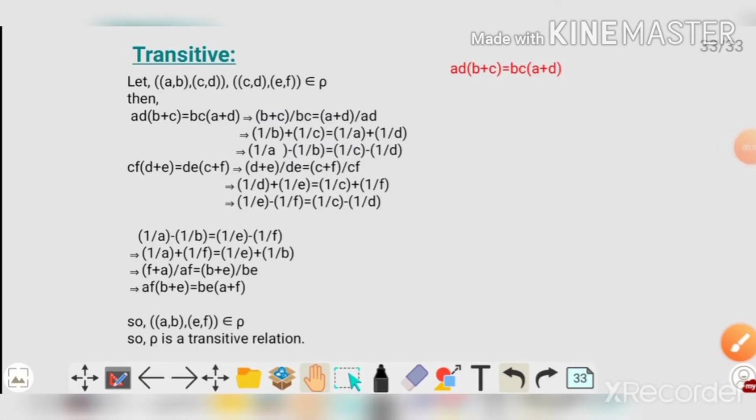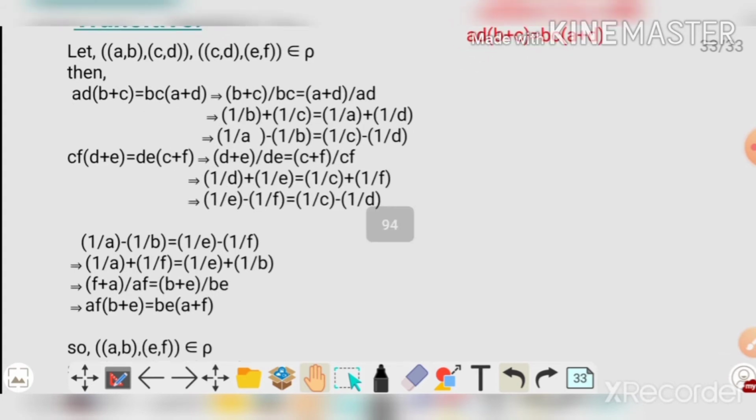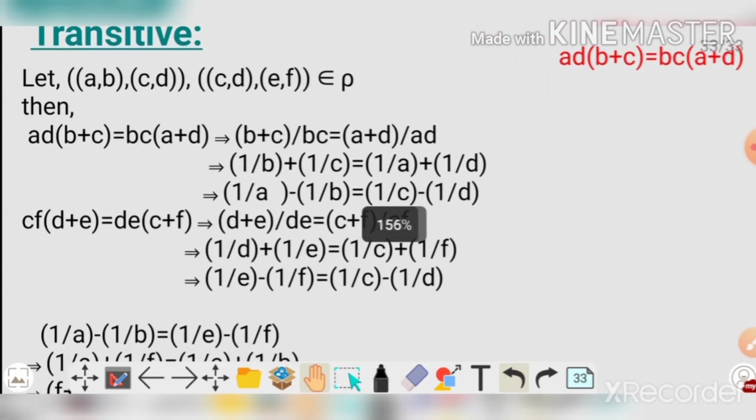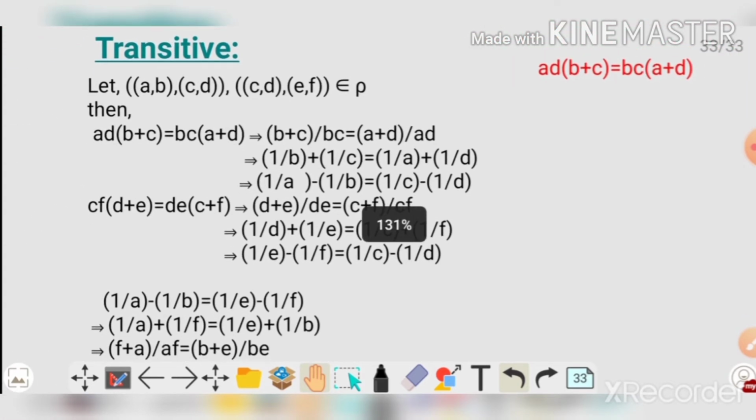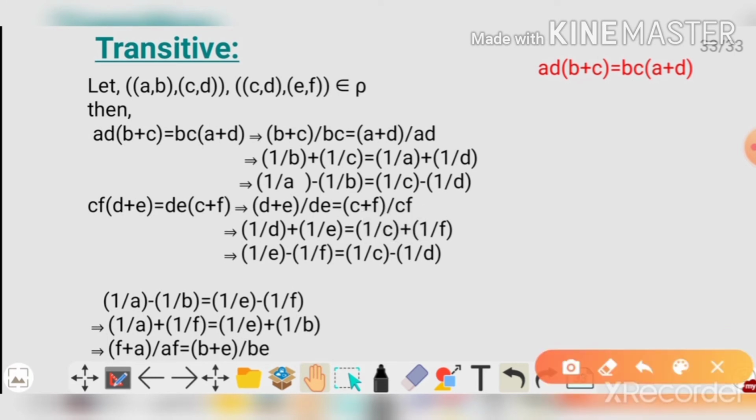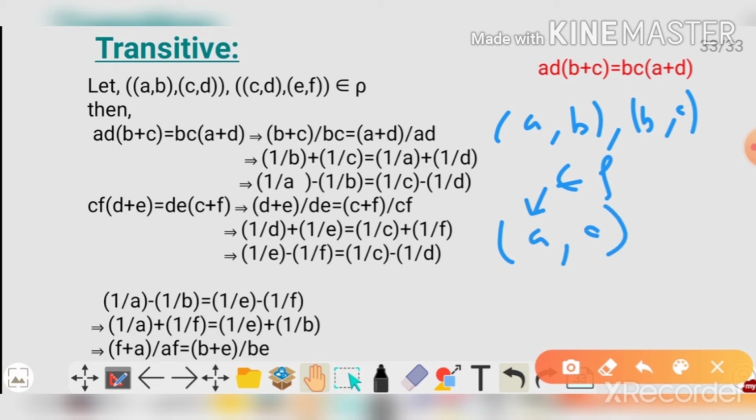This is the transitive part. It looks scary, right? Don't worry, I'll make you understand. Let me zoom it first. I think it's okay. Now, how do you prove a relation as a transitive relation? We have to suppose that ((a, b), (c, d)) and ((c, d), (e, f)) belong to the given relation, and then we have to show that ((a, b), (e, f)) belongs to the relation.